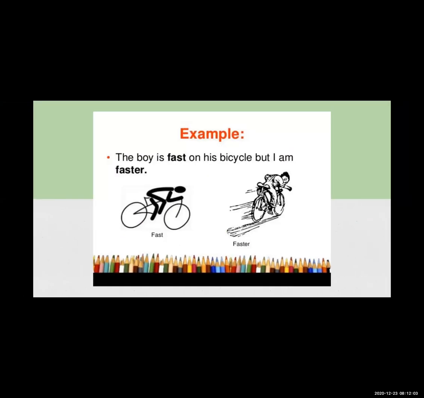The boy is fast on the bicycle but I am faster. So again comparison between two children is being done, and over here fast is the adjective and we are changing that into faster, adding er. I'm going to tell you why we add er, and what other words we have to add. Suppose some other word comes, then we will see that in the next slide.